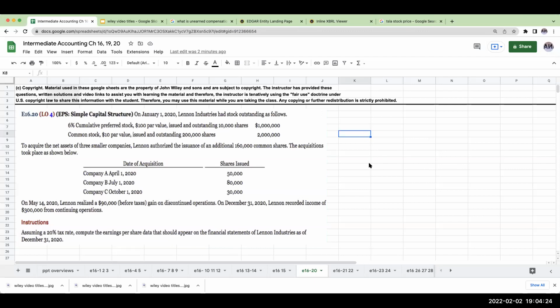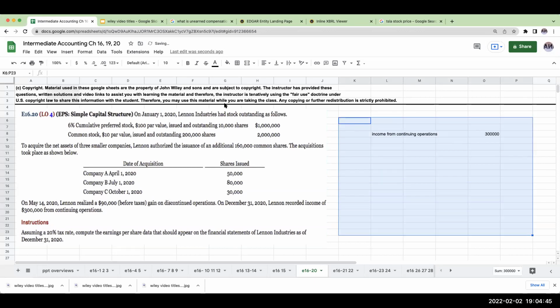The first one here is that on December 31st, Lenin recorded income of $300,000 from continuing operations. I'm assuming that that's going to be after tax. So we're going to have income from continuing operations of $300,000.